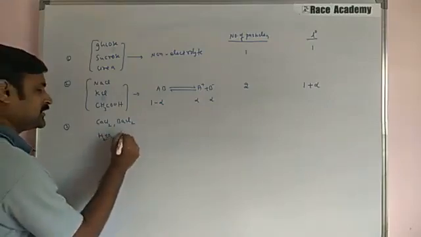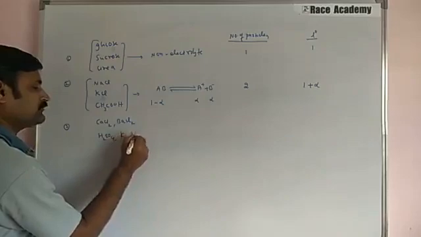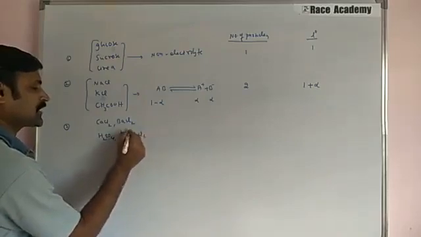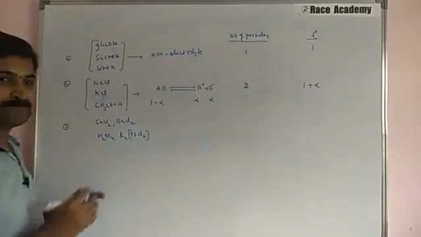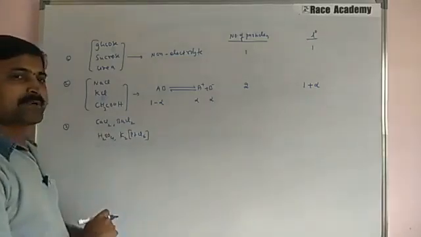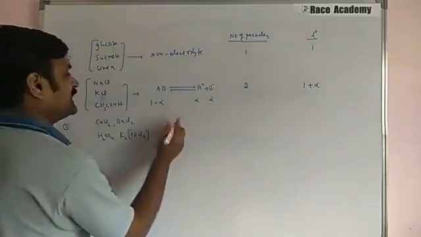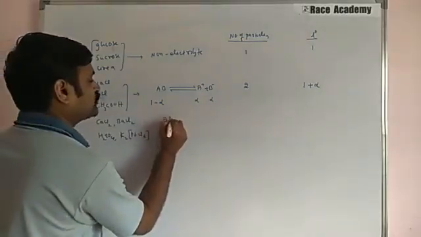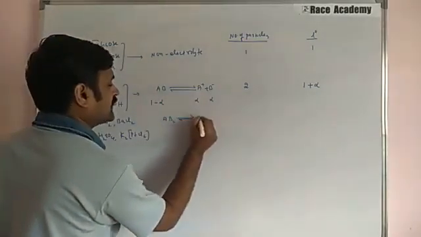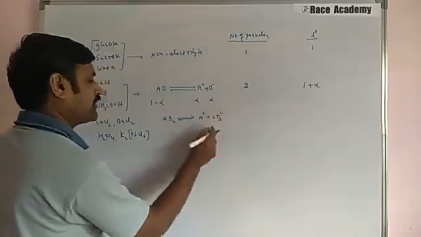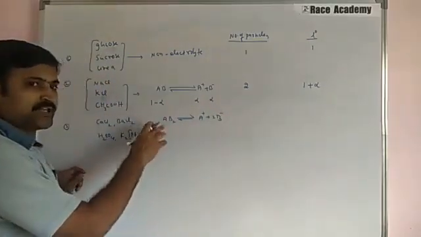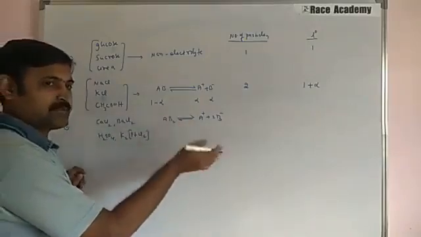Like that, the potassium salt of a platinum complex, K2PtCl6, potassium hexachloroplatinate. This is also one such type of compound. If AB2 type dissociates, then it gives A plus and 2B minus type of ions. I am taking this one; you can take A2B also, the same answer will come.